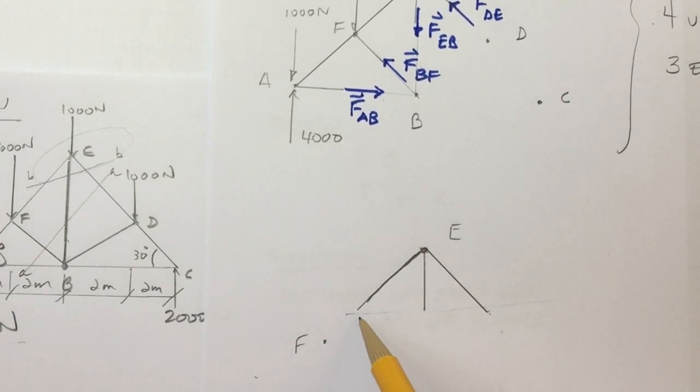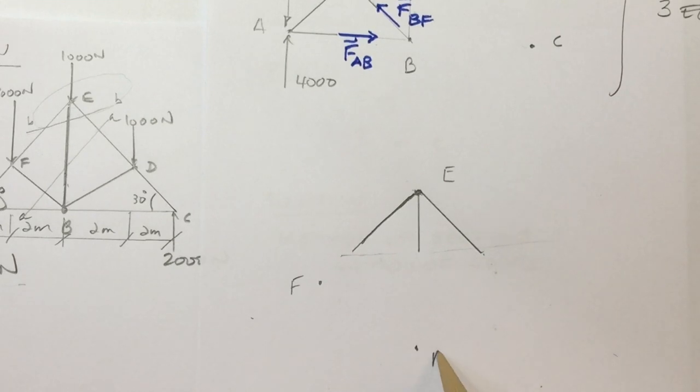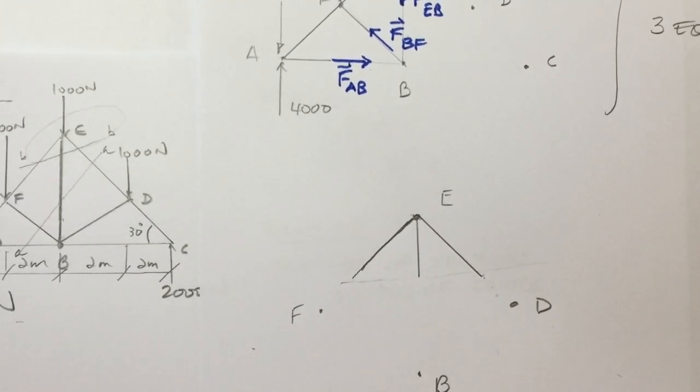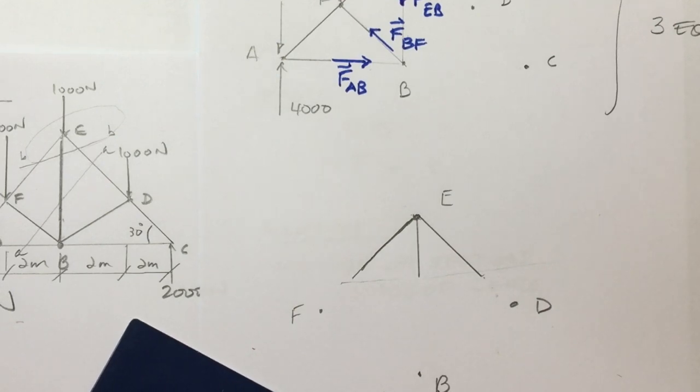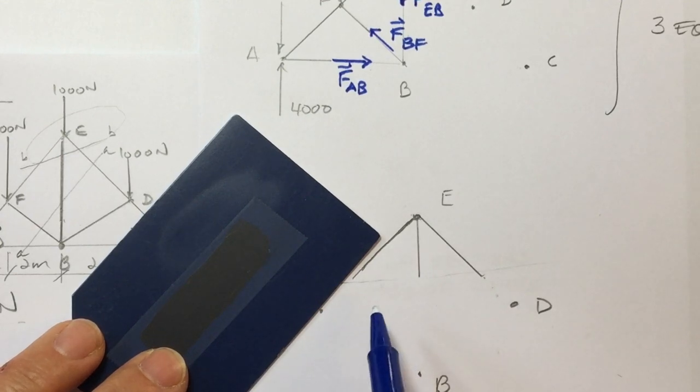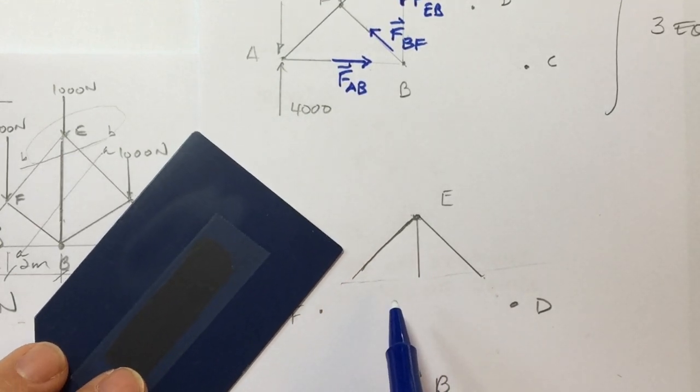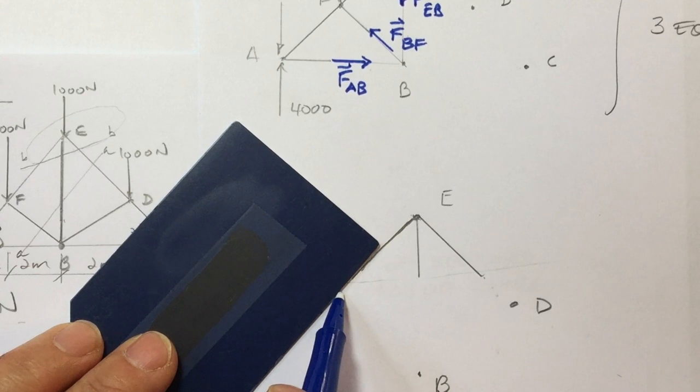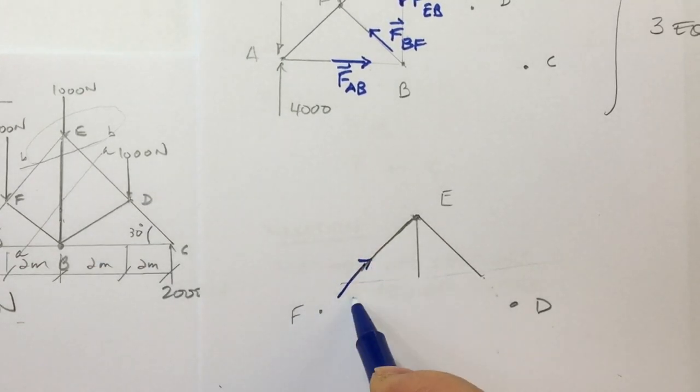Because I've sectioned it, I have now exposed forces in each of these members. So I guess this would be point B, and I guess point D would be somewhere there. Since I've sectioned them, I have to expose the internal forces and make them external forces. So I'm going to assume that member EF is in compression.